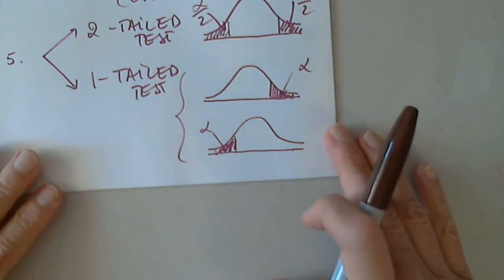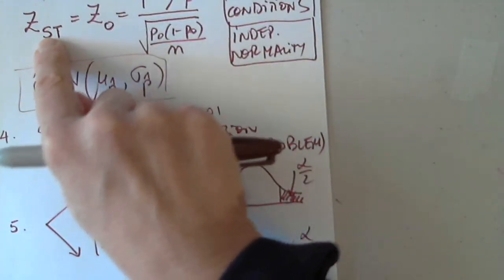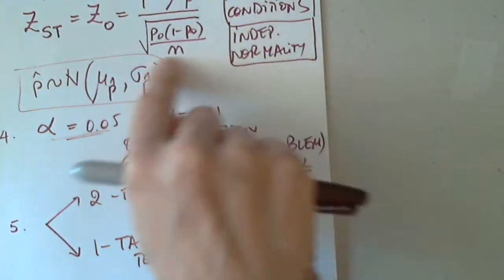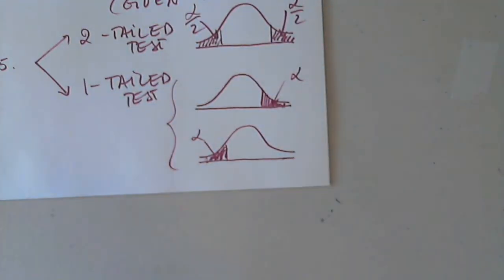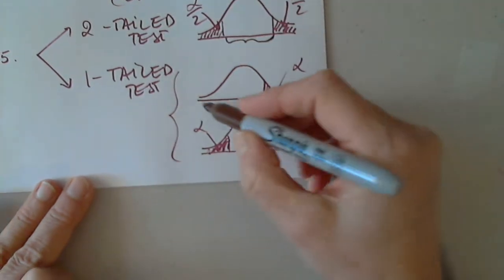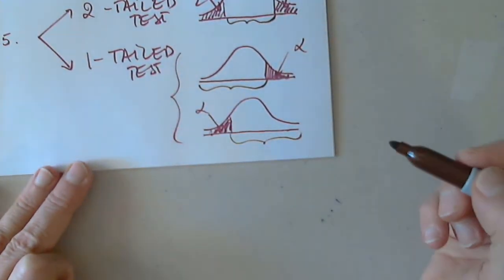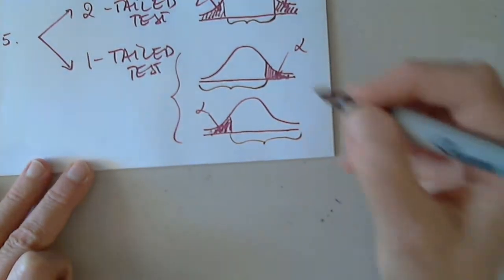Okay, finally, the conclusion. If the number I get here falls in this area, or this area, I fail to reject.